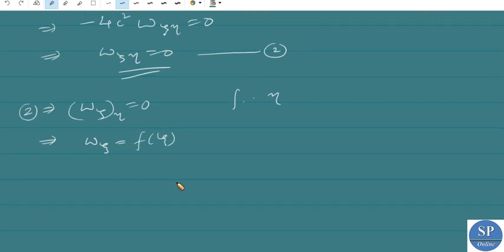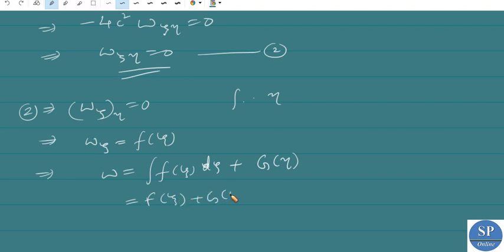And integrating again with respect to zeta, we get W equal to the integral of f of zeta d zeta plus a constant of integration which may be a function of eta. So this integral is a function of zeta, so we can express this as some f of zeta plus g of eta.